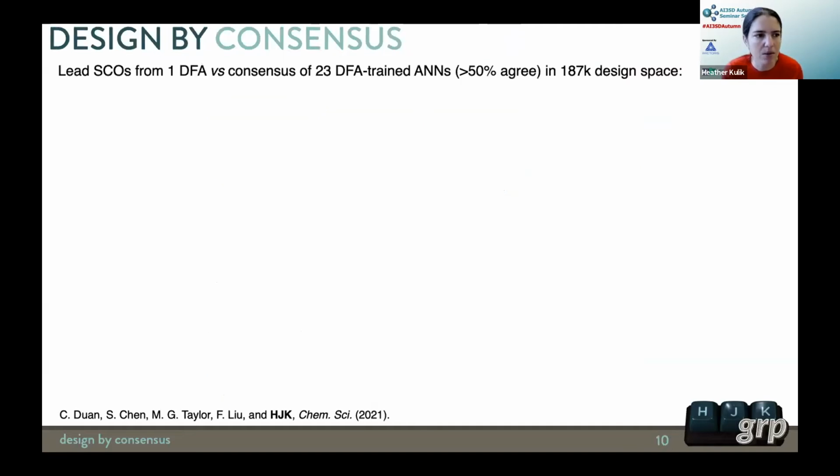And another thing we can do is we have 23 different density functionals. We can use a fine-tuning approach to train 23 different artificial neural networks and just ask ourselves, in a large space of 187,000 possible materials, where will at least half of these trained neural nets agree, and how does that differ from a neural net trained on just a single density functional?